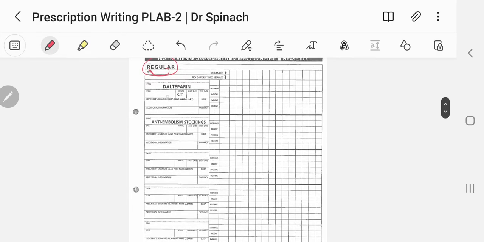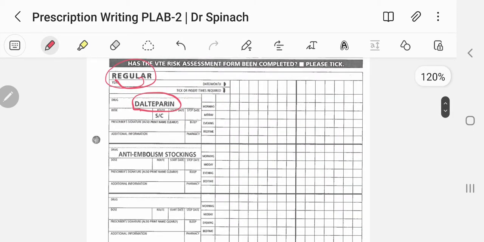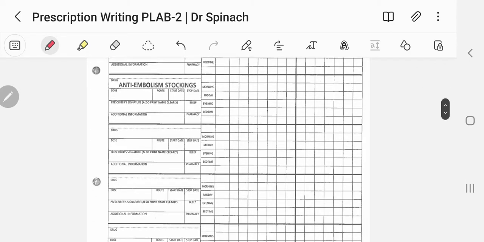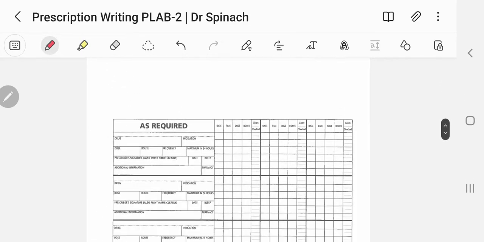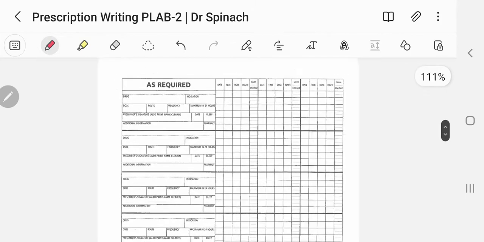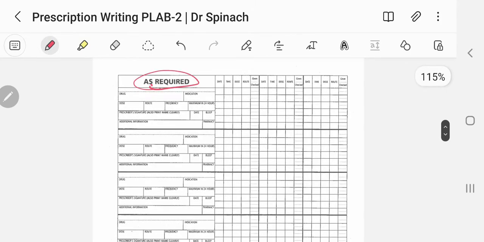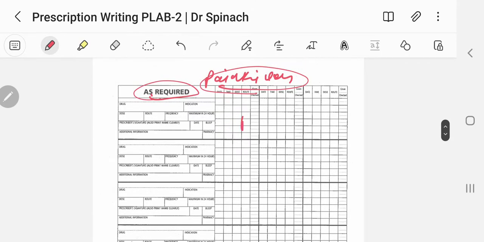These can include, for example, anticoagulants like dalteparin, or long-term diabetic drugs, or even long-term thyroid drugs like levothyroxine, right? Now after the regular drugs, you have drugs which are given as required. These can be something like painkillers, which are only given when the patient requires them, like PRN drugs.